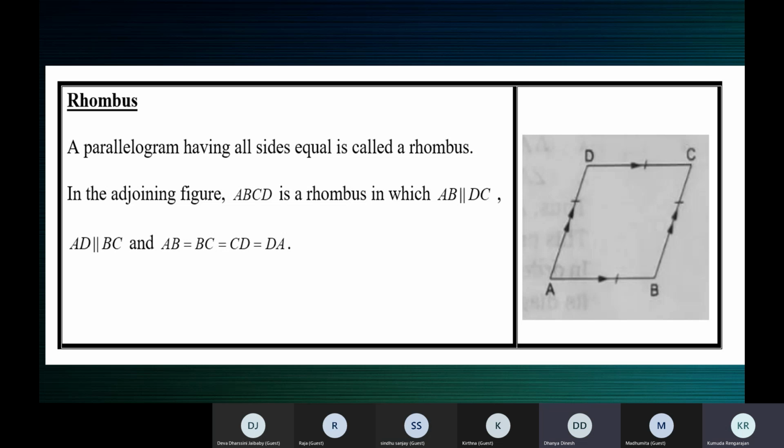Angle B is equal to angle D. Now tell me for B and C. They are adjacent angles and they add up to 180, ma'am. Tell me symbolically. Angle B plus angle C is equal to 180. Correct.